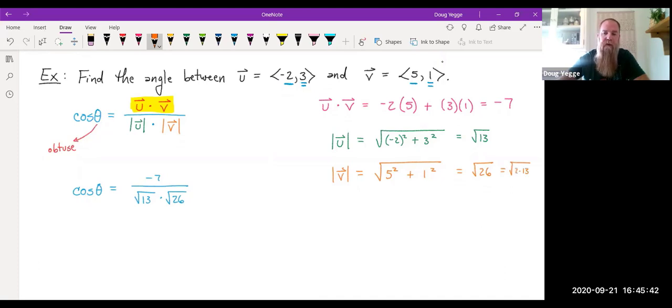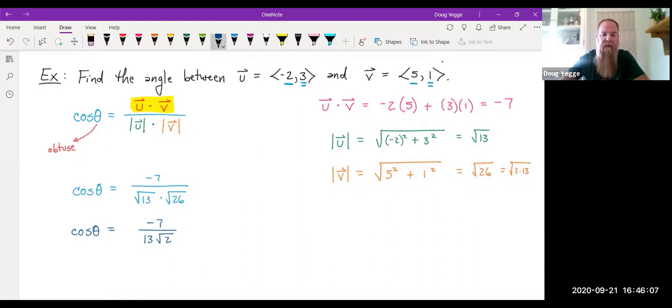Which normally wouldn't be that big of a deal, but the fact that it's 2 times 13 means that I'm multiplying root 13 times another 2 times root 13, which means that this can actually simplify to become cosine theta equals negative 7 over 13 times the square root of 2.